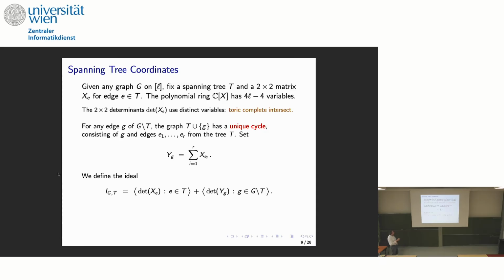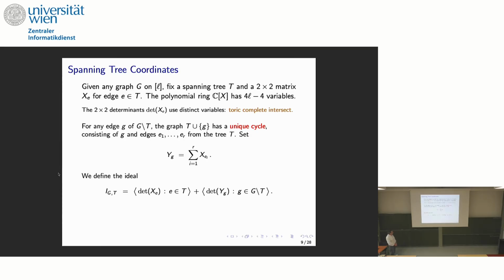So the extra edge plus some edges E1 to ER from the tree form a unique cycle. You have a spanning tree, you throw in an extra edge, there's a unique cycle, and then the corresponding matrix I call YG. So YG is the sum of all the matrices XEI over all edges from the spanning tree that participate in that unique cycle.